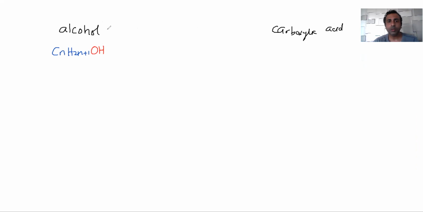So the CnH2n plus 1, we call it an alkyl group, which is bonded to OH, which we call the functional group. Carboxylic acid also has a similar pattern. So in carboxylic acid, we also have an alkyl group, which is bonded to a functional group.